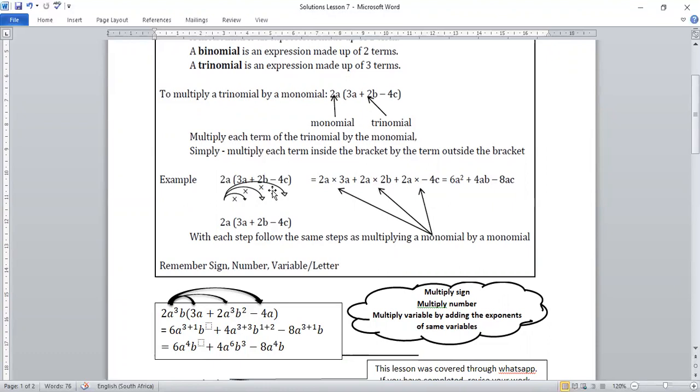And remember here, the sign is a negative. So therefore it's going to be 2a multiplied by minus 4c. When you simplify, you get 6a squared plus 4ab minus 8ac.